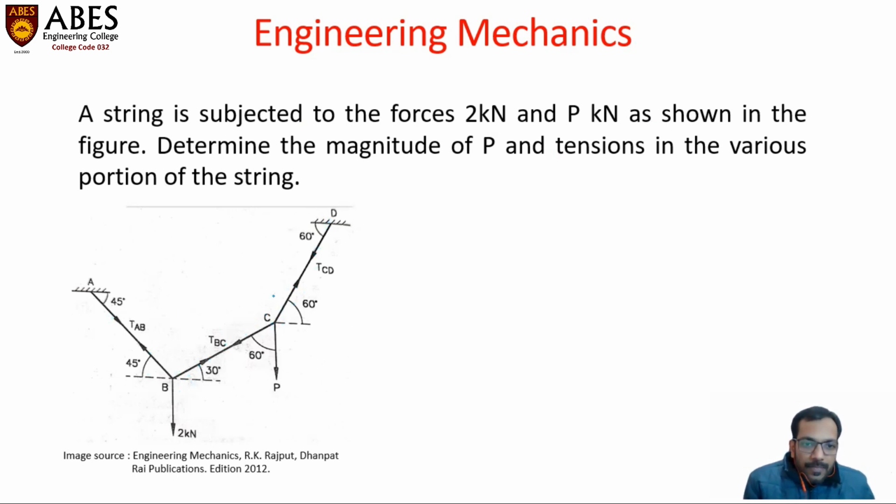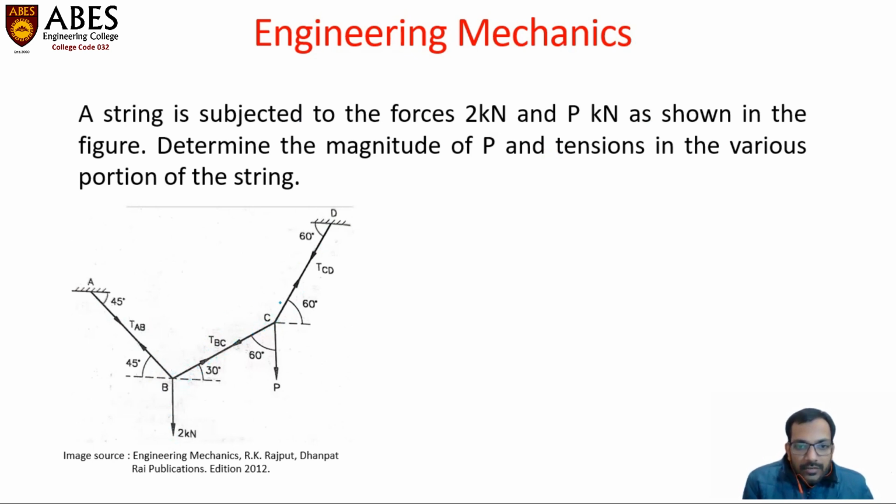We need to calculate the forces which are being transferred into these three string systems. So how to proceed? Please observe this part. On this junction B, we have a known force 2 kilonewton. And if we consider this junction for free body diagrams, we will definitely have two unknown forces, TAB, the tension which is being transferred into this string segment AB, and TBC, the tension which is being transferred into this string segment BC.